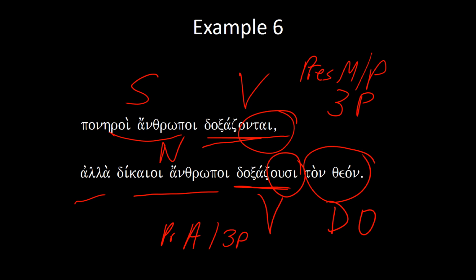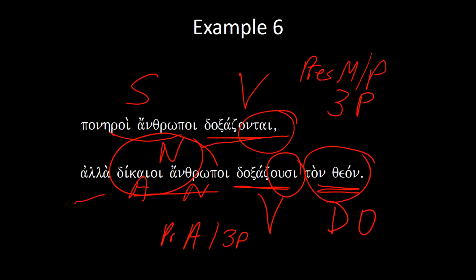So we know that verb is present active indicative, third plural. They glorify. Now let's pick up our nominative subject. Dikaioi anthropoi. That's another adjective with a noun. Righteous men. So righteous men glorify.